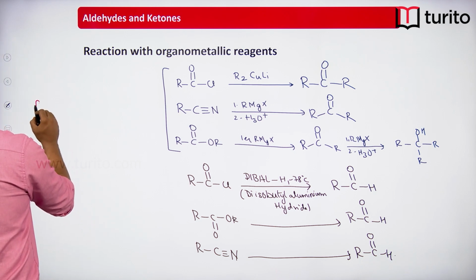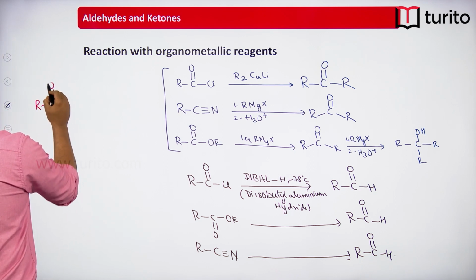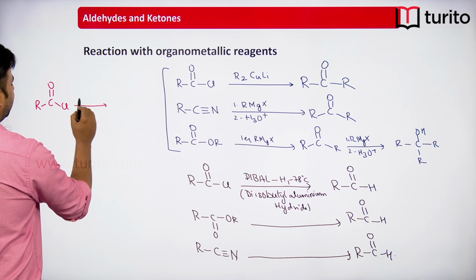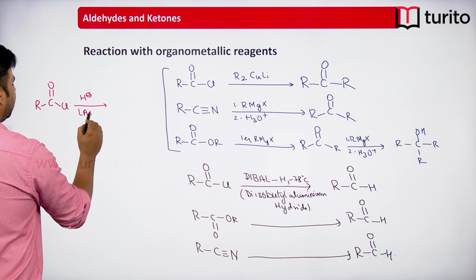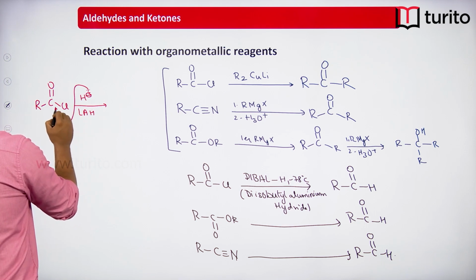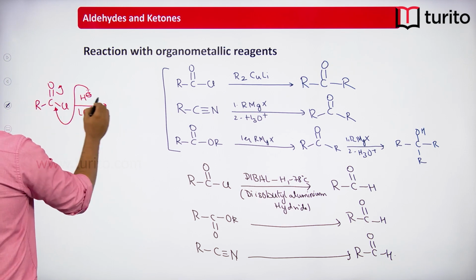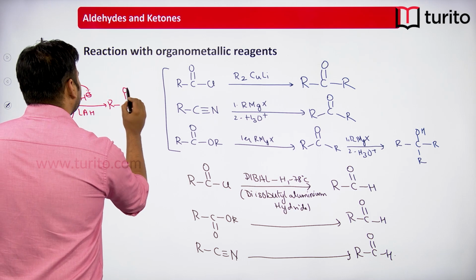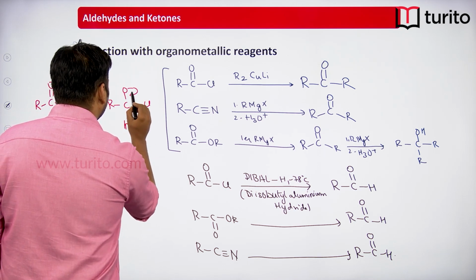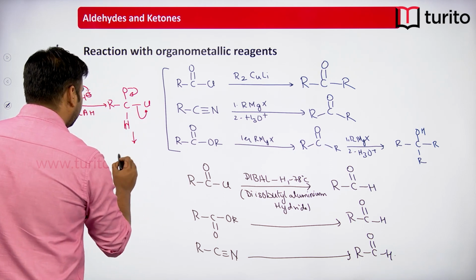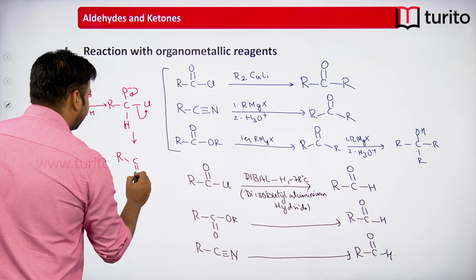When we were reacting, say, acyl chloride or an ester with lithium aluminum hydride, lithium aluminum hydride was a strong reducing agent. So this was sending its hydride ion to the carbonyl carbon. Again a tetrahedral intermediate was formed. O negative was pushing the electron, Cl was going out. So we are forming an aldehyde in that case.